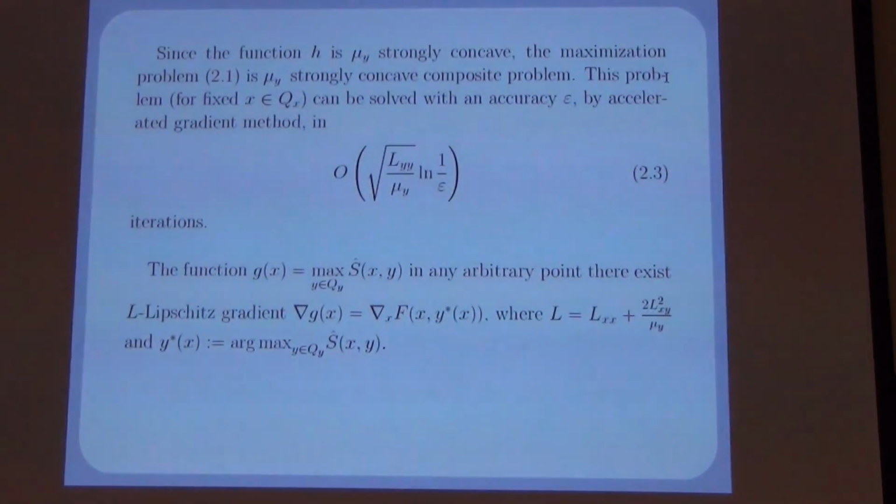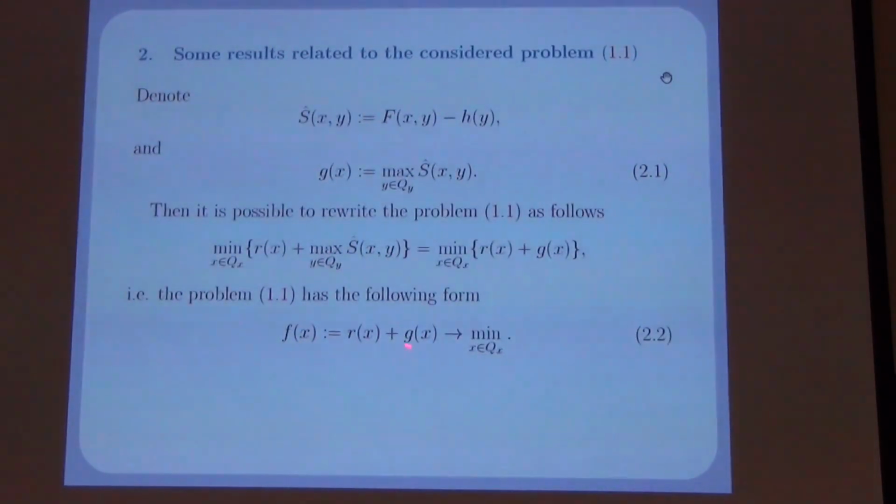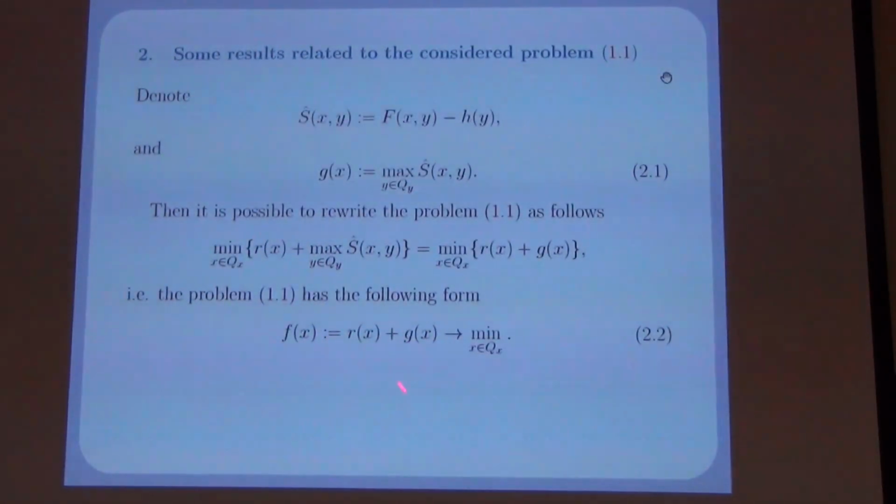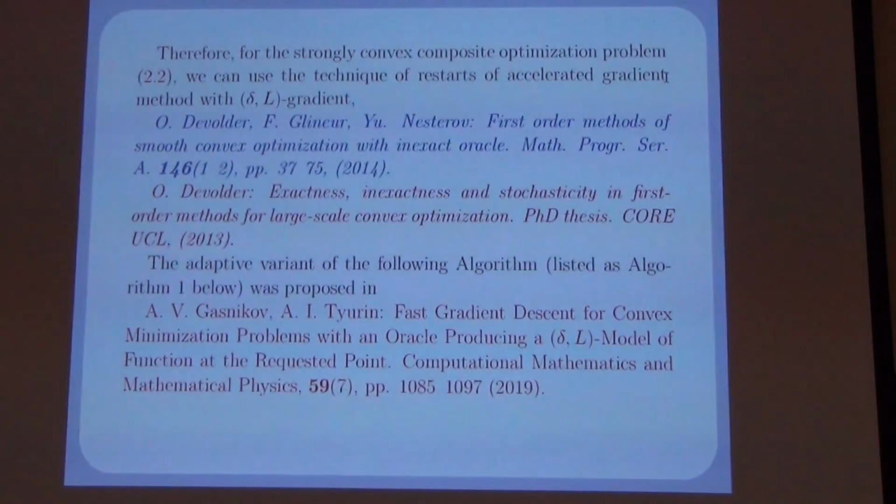For the function Jx, at any arbitrary point there exists an inexact gradient, where L has the following form: Lxx plus 2Lxy squared over mu y. Therefore, for this minimization problem, which is a mu x strongly convex, smooth composite optimization problem, we can use the scale-related gradient descent with delta L oracle, delta L gradient.